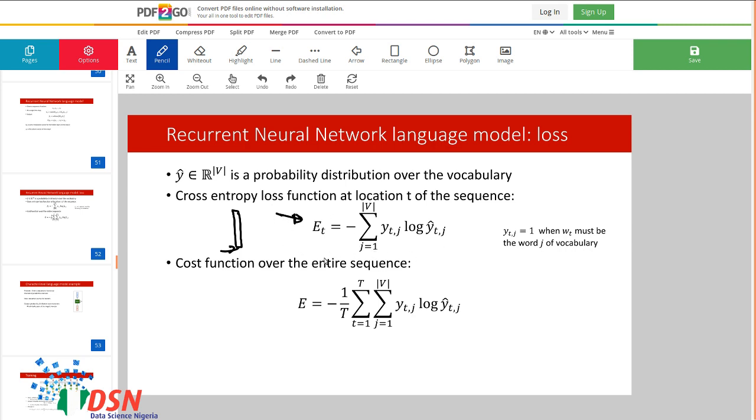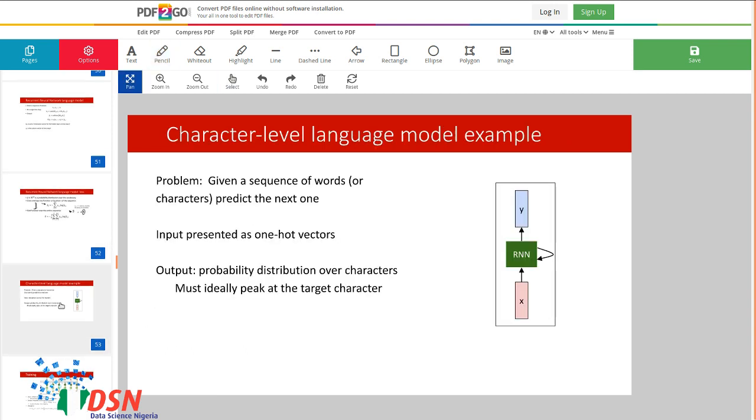And so the cost function over the entire sequence, in different time steps, first to T, will be the average. We just get the average over all of these losses in different time steps.